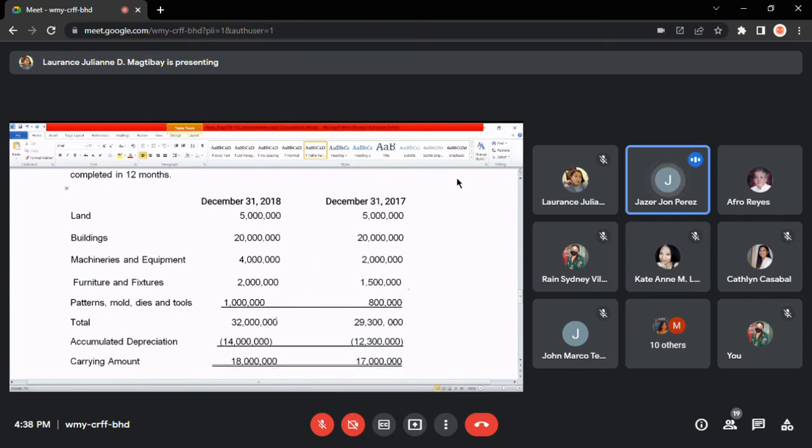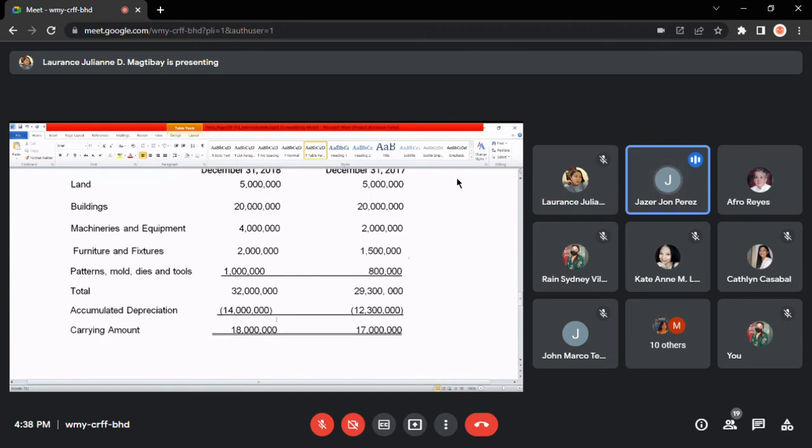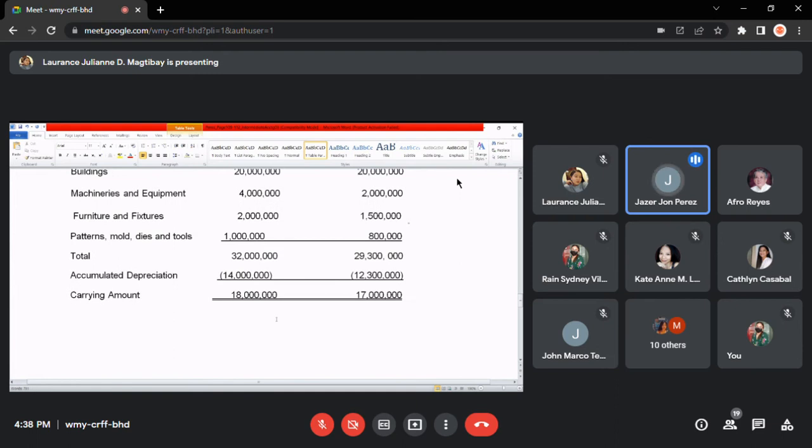And the accumulated depreciation is 12,300,000. 29,300,000 minus 12,300,000 is 17 million. As you can see, mas malaki pa rin yung carrying amount ng December 31, 2018 kaysa sa December 31, 2017.